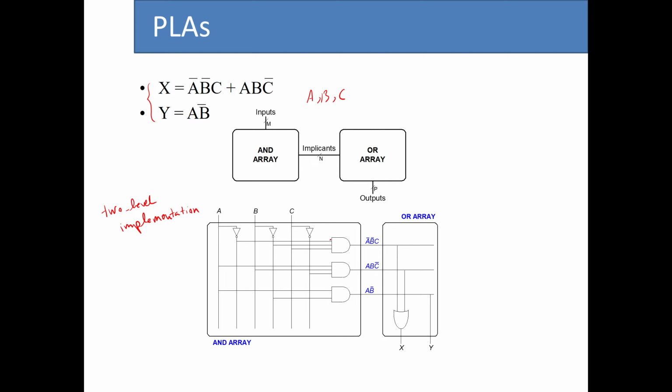To create the first implicant, a bar b bar c, I use a 3-input AND gate, and I connect the inputs to a bar, b bar, and c. For the second implicant, a b c bar, I put a 3-input AND gate and connect the inputs to a, b, and c bar.